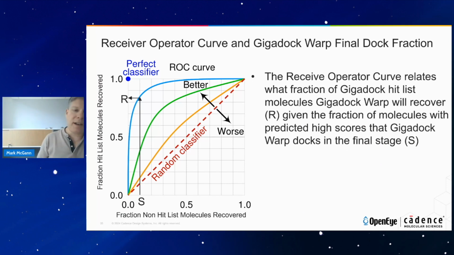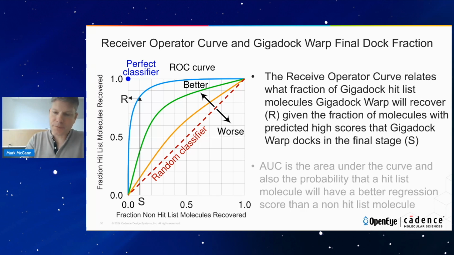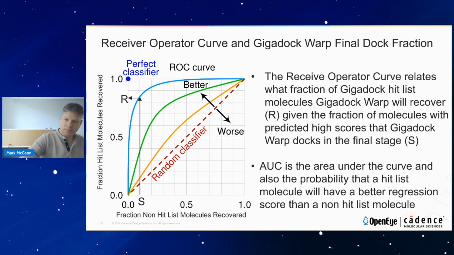And what that effectively becomes is it tells us if we select a given fraction of molecules to dock at the end, so molecules that the model predicts to score really well, if we select a given percentage, it tells us what fraction of the true Gigadock hit list molecules will be in the output Gigadock Warp hit list. So we don't have to vary that hyperparameter in multiple runs. We can just look at that curve and we can determine that. And the area under the curve will also relate to this as well.